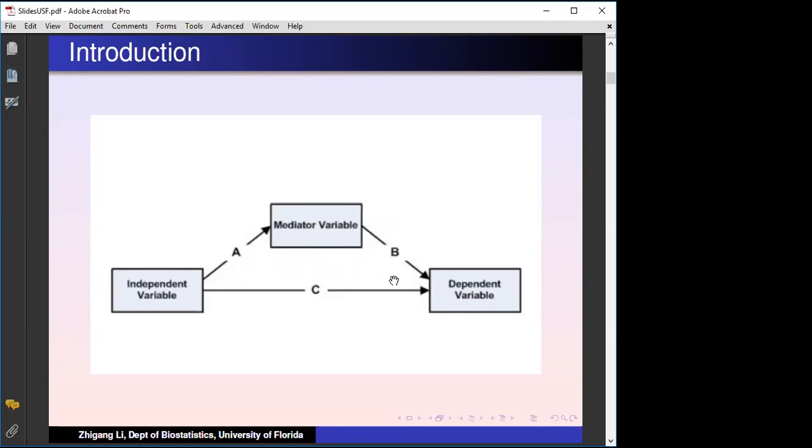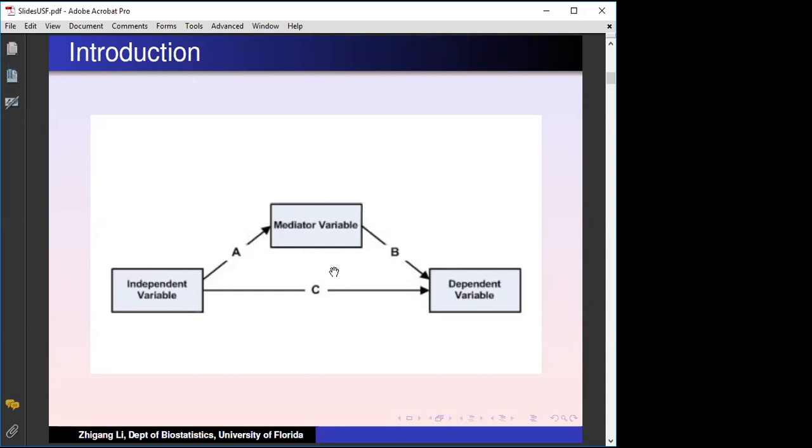So the mediation model is usually more complicated than a regression model. It's usually a combination, a set of regression equations. With those regression equations, we can give a single estimate of this indirect effect that goes through this chain process, and then test that mediation effect.